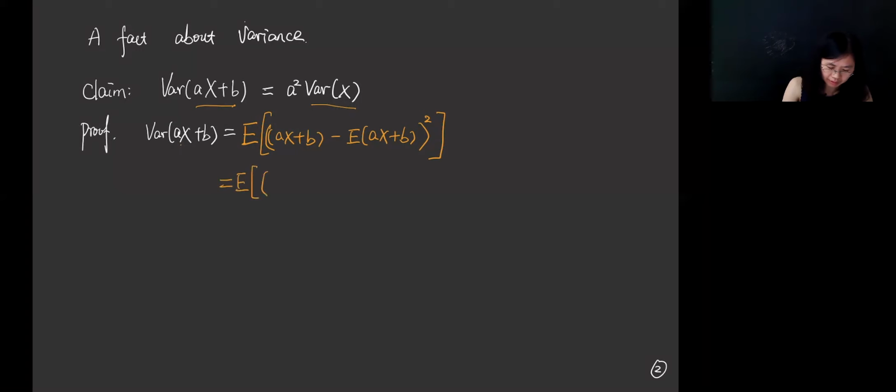Next step, we keep the first ax plus b the way it was. Apply the linearity of expectation on this expectation. We get a times E of x plus b.